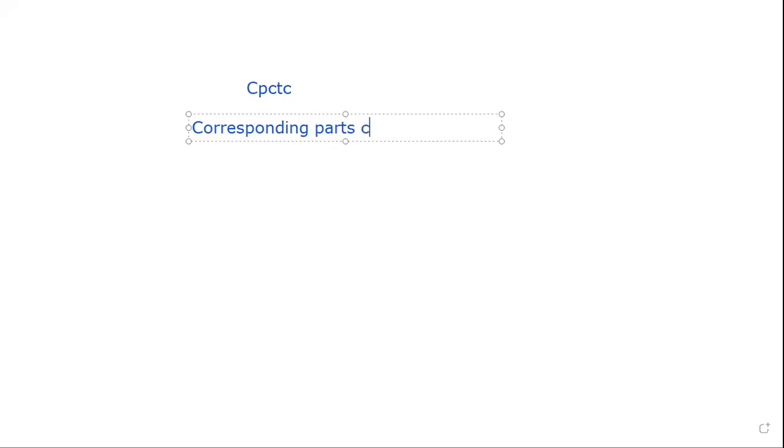Corresponding parts. Congruent. Congruent is triangles.